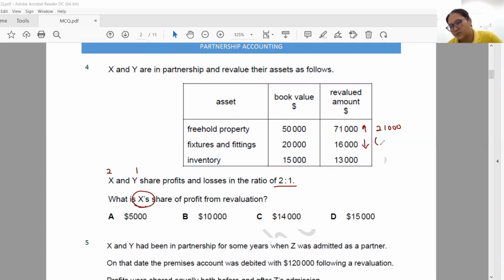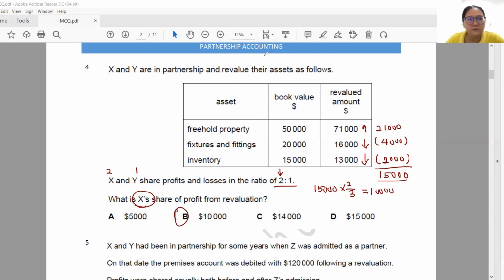So when you decrease, you have to minus. The inventory also decreases, so we have to minus. So the net amount, 21 minus 6, we get 15,000. How much is shared by X? Here is 2, so we take 15,000 times 2/3. So we get 10,000.